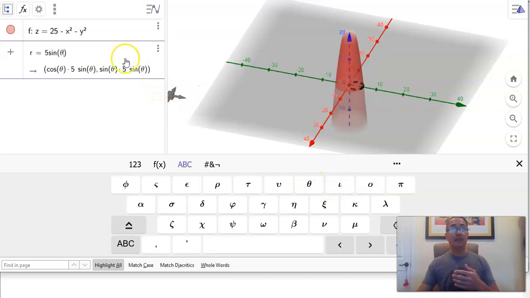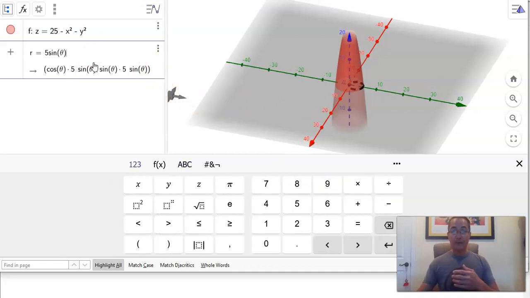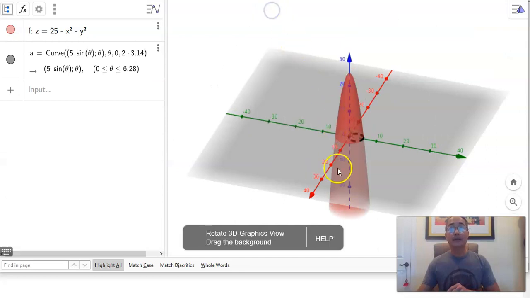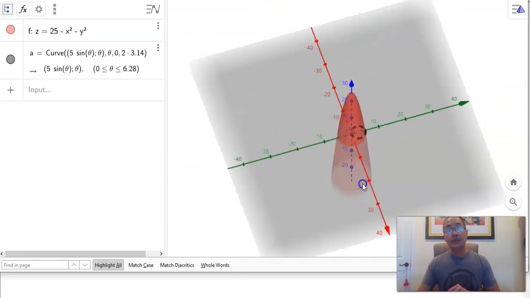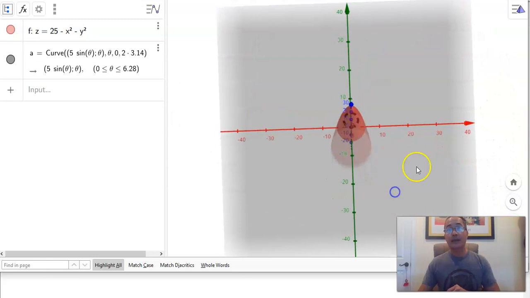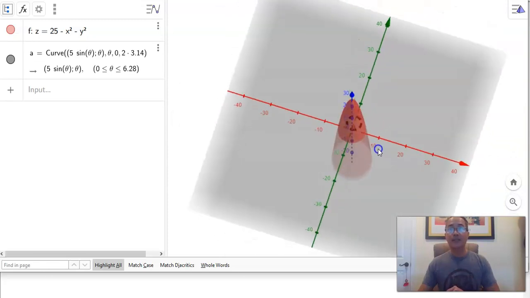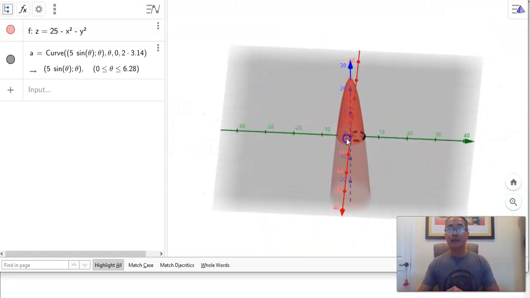Otherwise, it won't understand you, it will misunderstand you, thinking you just want the regular sine wave. But here, notice that we do get the circle. So here's our x-axis, here's our y-axis, but we don't see a cylinder.